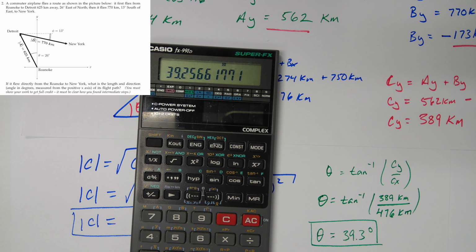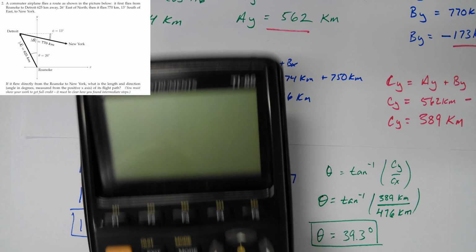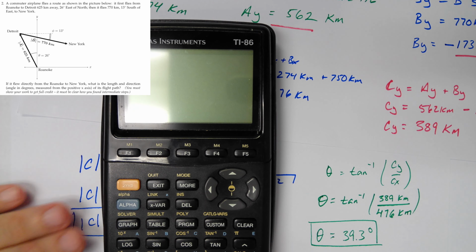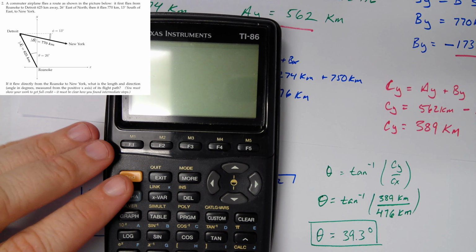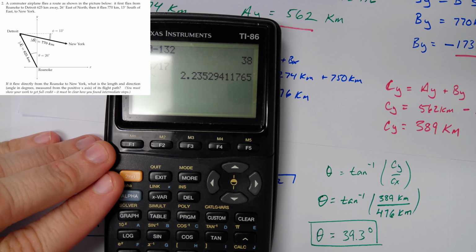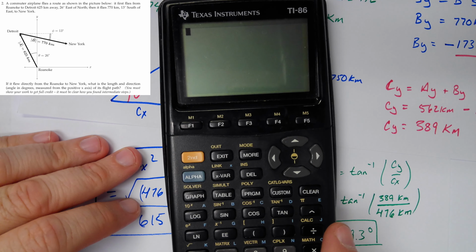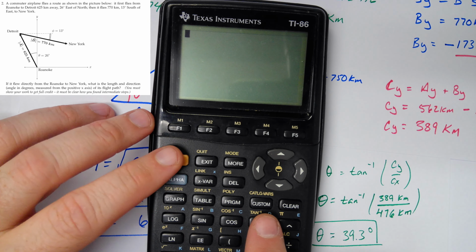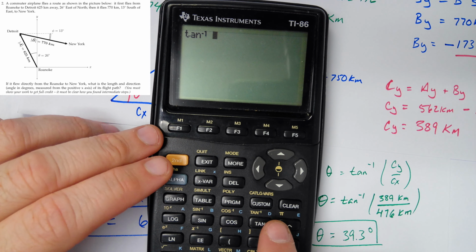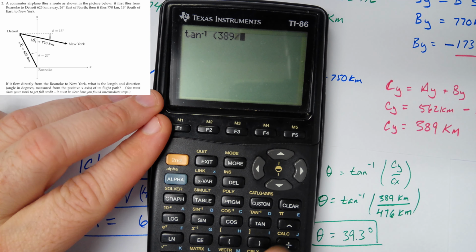If you have a graphing calculator, I'm going to swap this out. You have the same sine, cosine, tangent, so you can do the same math. I hope this one will work. All right, it turns on. We can type inverse tangent directly: parentheses 389 divided by 476.